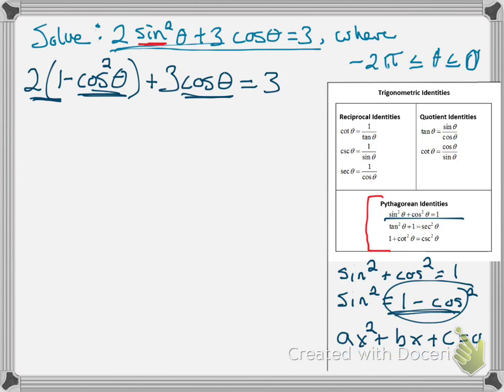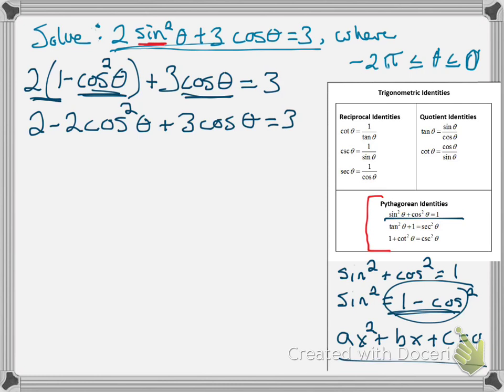So we'll distribute in this 2. So we have 2 minus 2 cosine squared theta plus 3 cosine theta equals 3. Okay, so now we're going to keep going to try to make it look this way. So I'm going to go ahead and subtract 3 and set it equal to 0. So subtract 3 from both sides, I get a negative 1 minus 2 cosine squared theta plus 3 cosine theta equals 0.